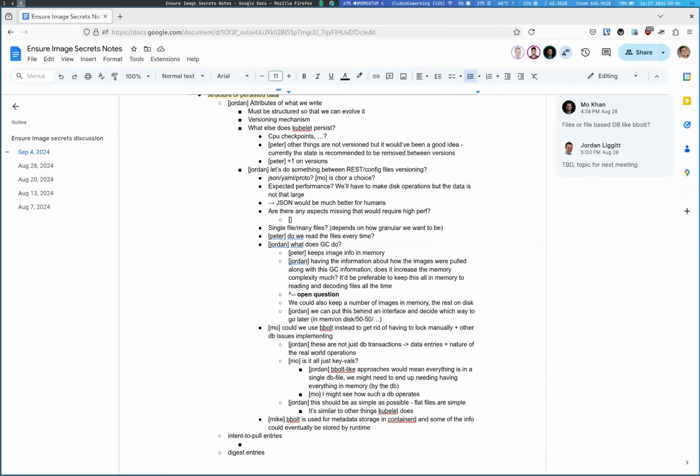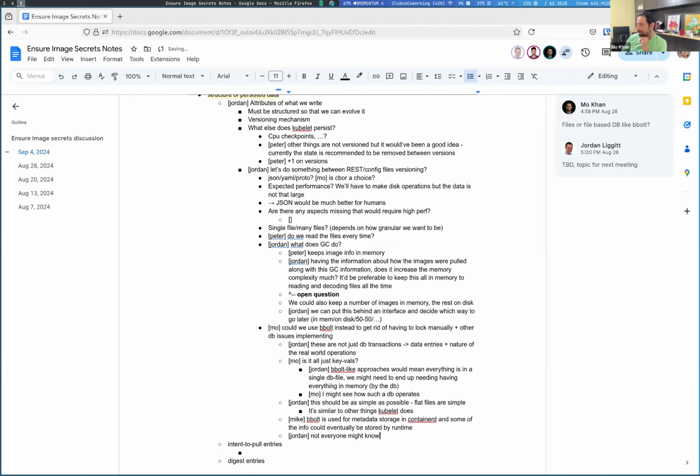But if there are people working in the kubelet who know all about this and understand how to operate it cold and it's actually reasonable and pretty straightforward and simple, I wouldn't object, I guess. But yeah, I'm a fan of keeping it simple.